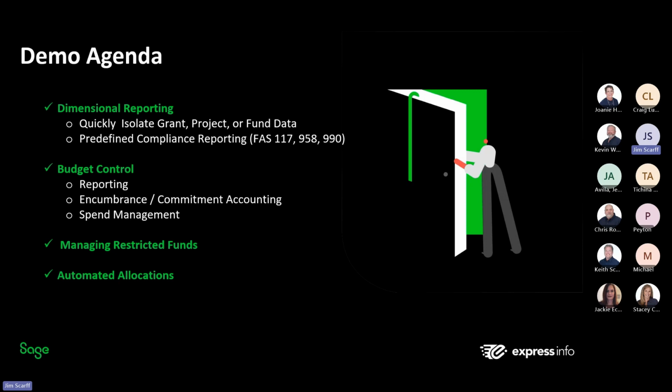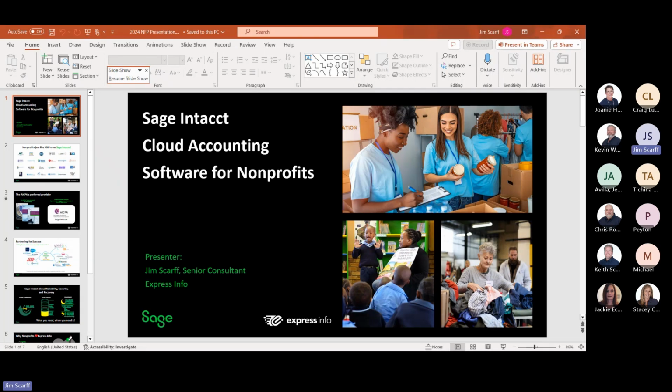Maybe I want to accumulate that in one shared services pool, and then spread it across my grants or funds at month end based on their relative salaries for that month. So it's a dynamic allocation based on account balances. And that's it. So let's dive into the product here.